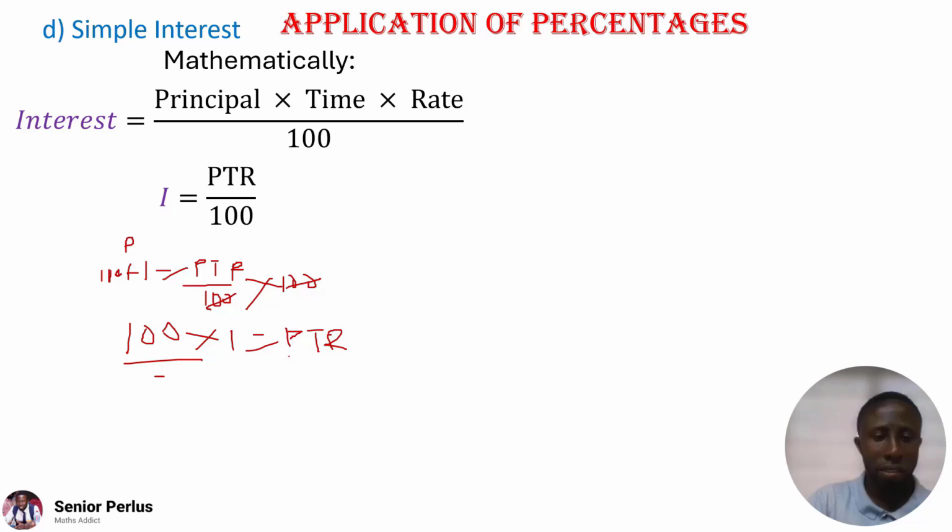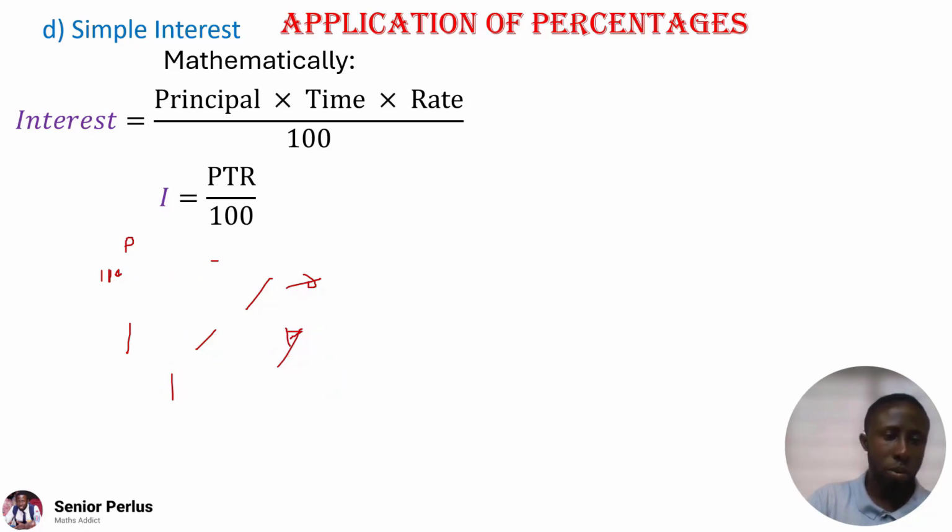I want to make T the subject, so I divide both sides by PR. Then this R will go, this P will go, it will cancel. So therefore our T is this. The same thing applies if we want to find the rate.